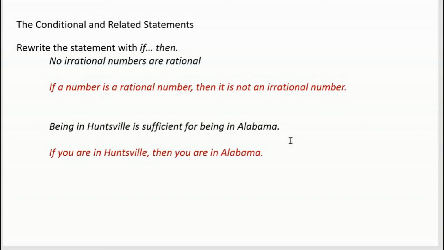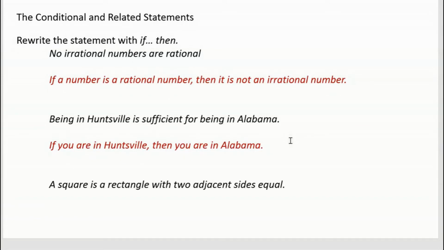Let's try a third one. One more time at this, okay? A square is a rectangle with two adjacent sides equal. How could we do this? So an if-then statement. Basically this is saying if you are a square, then you have these particular conditions, because it's saying a square is something. Like if you are a vegetable, then you have micronutrients.